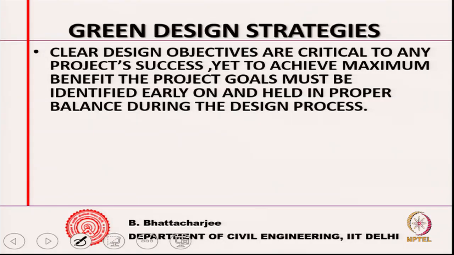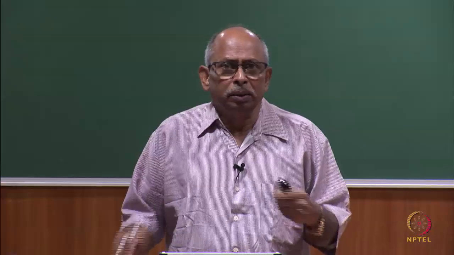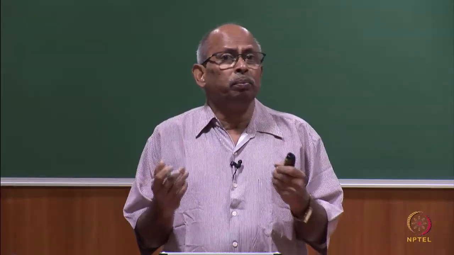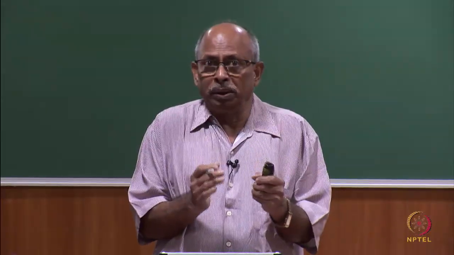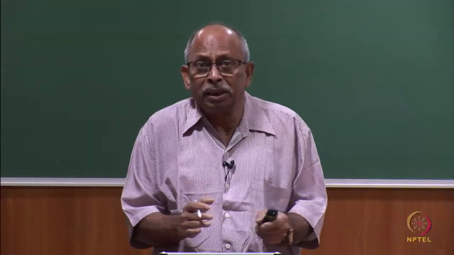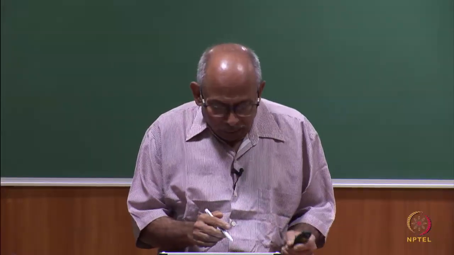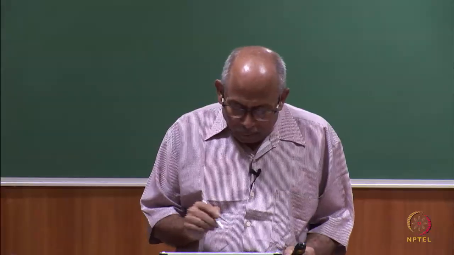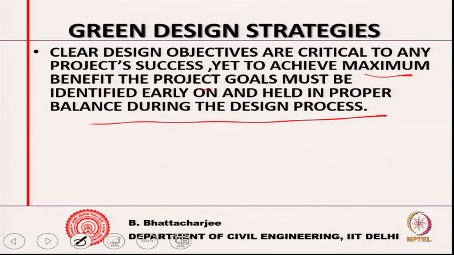Clear design objectives are critical to any project success. Yet to achieve maximum benefit, the project goals must be identified, right, and held in proper balance during the design process. So, in the beginning of this lecture, we looked into how we judge the performance and how to achieve this performance. This is the strategy that we are looking at, right. So, the clear design objectives, first I must clearly state my objective.